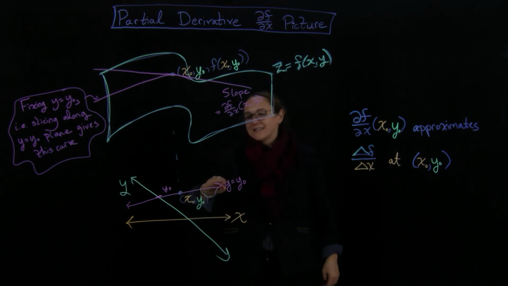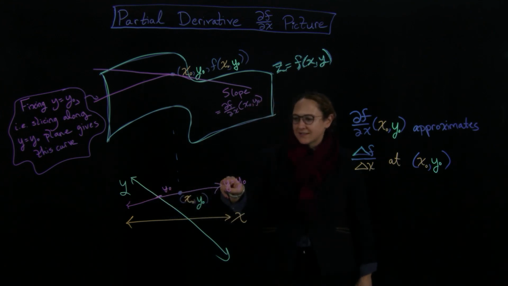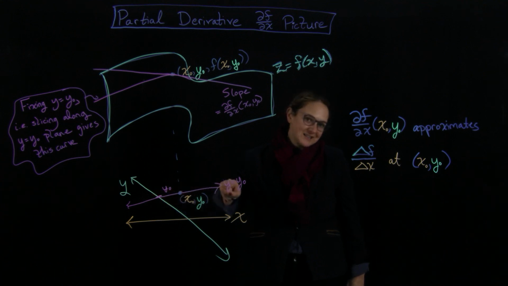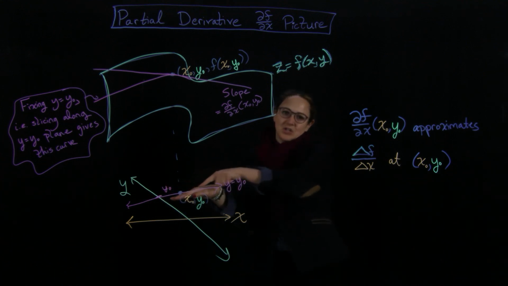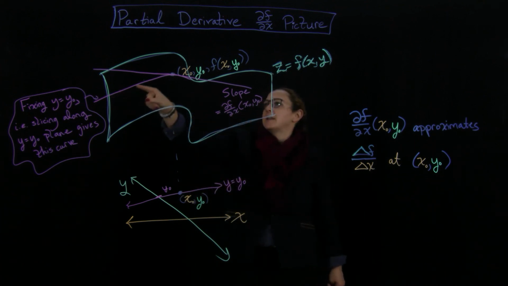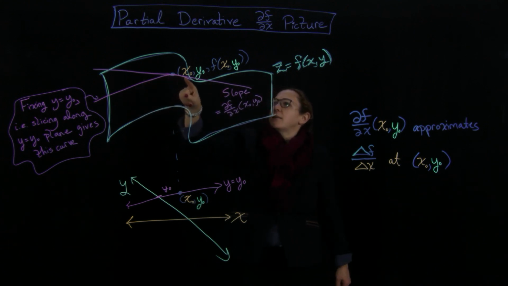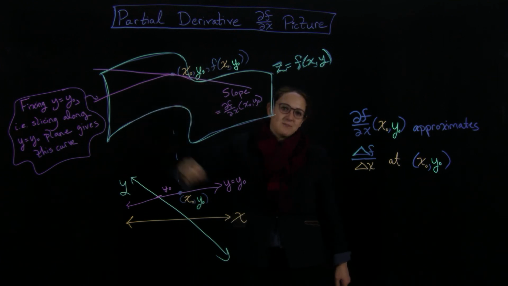Okay, and one of the things that I think confuses a lot of students is that if I'm going along this line, I'm never changing y, but I'm changing x, right? And that's why we have to fix y, and then x is what actually changes as we move along this line. The same thing is happening here. I'm moving along the graph of the function, but my y coordinate is never changing. It always stays at y naught. It's x that's actually changing, okay?